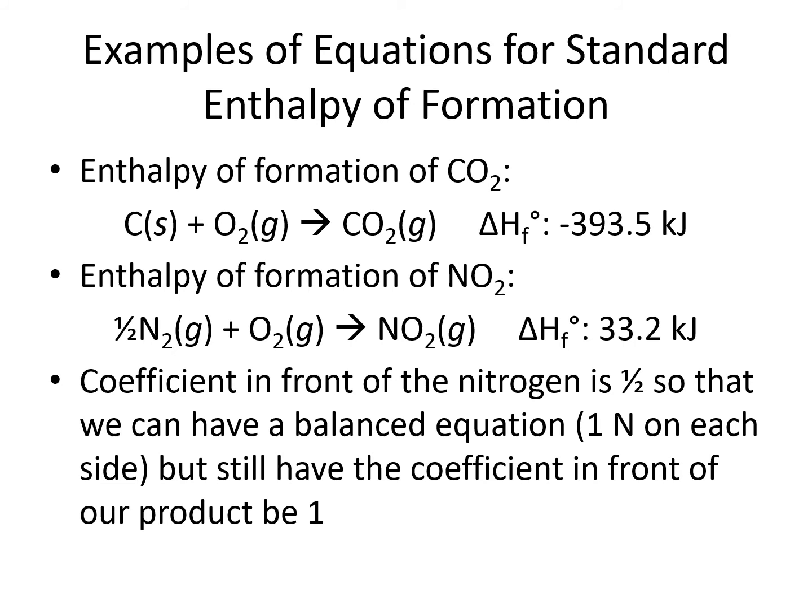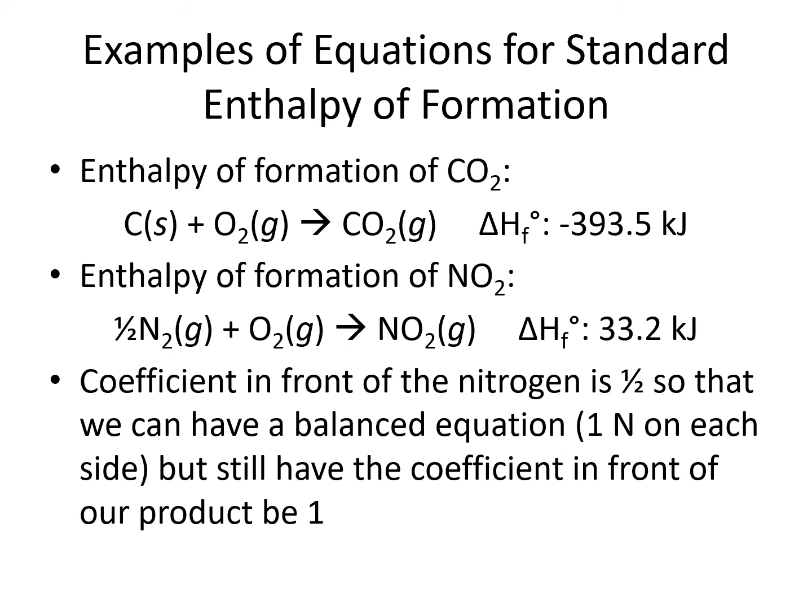So carbon in the earth is found as solid, usually as graphite, and O2 gas is how we find the oxygen. So our equation for the enthalpy of formation is carbon solid plus O2 gas makes CO2 gas. And the enthalpy of formation, that is the enthalpy associated with that reaction as written, is negative 393.5 kilojoules.